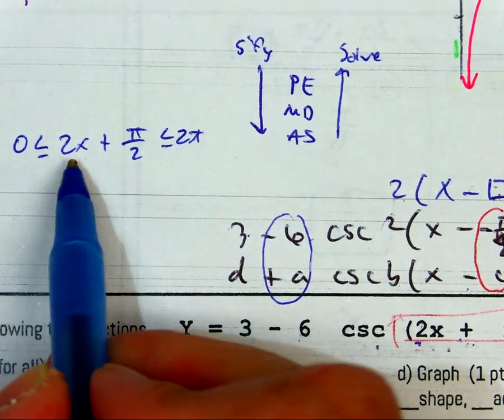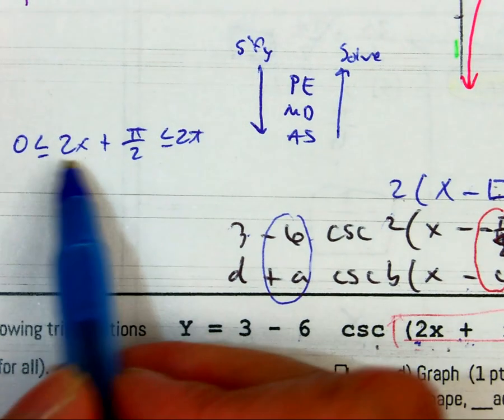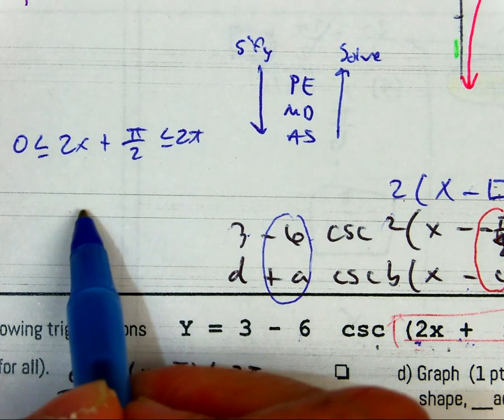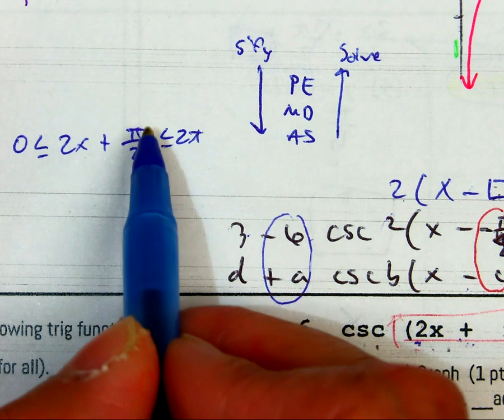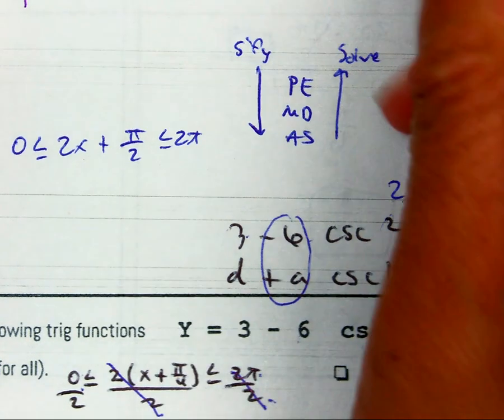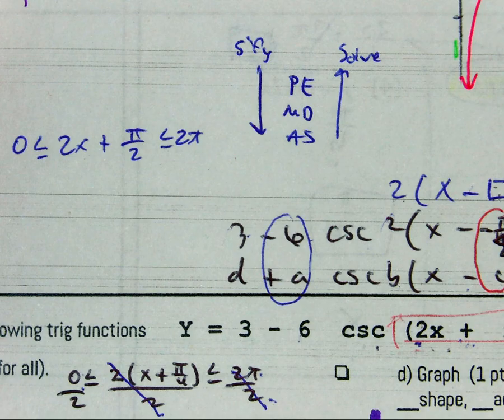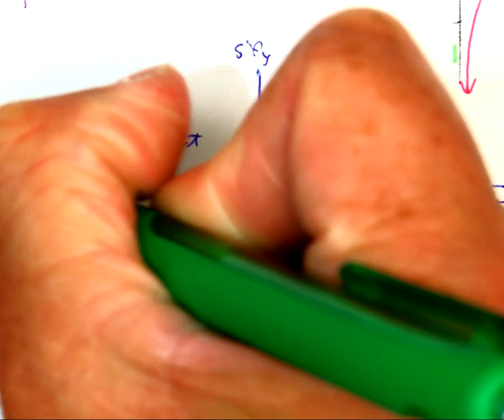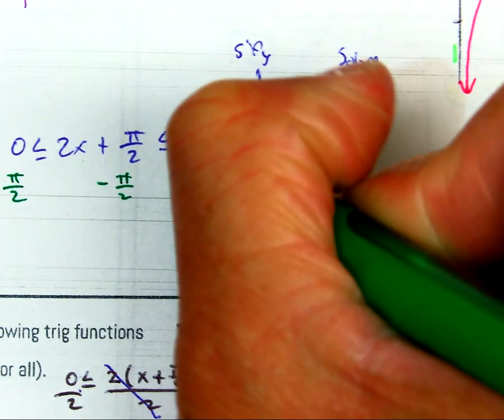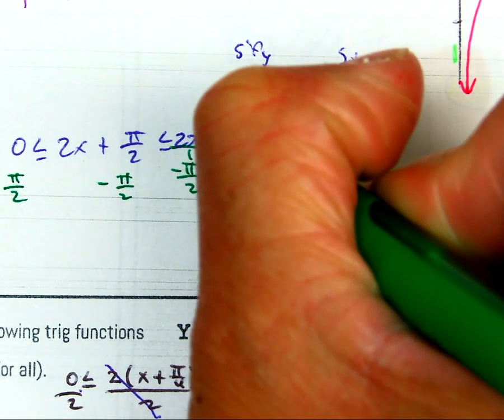Now, if you did that, it would be pretty complicated. You would have to divide by 2 on the whole expression, which means 2x divided by 2 and pi over 2 divided by 2. So the proper way, using our order of operations, I would just subtract pi over 2. This is 2 over 1, or it's essentially 4 pi over 2.